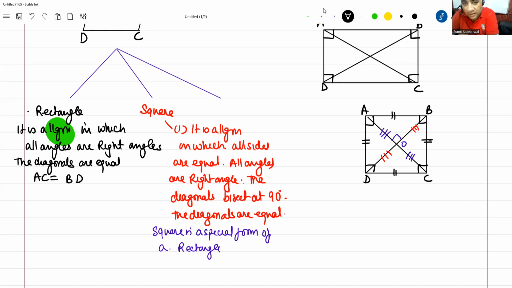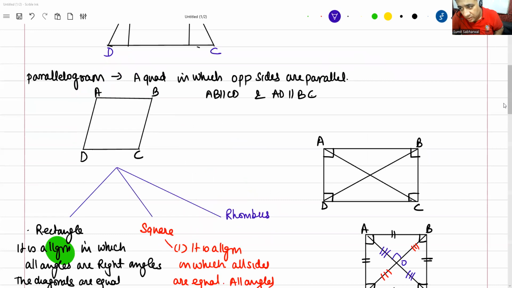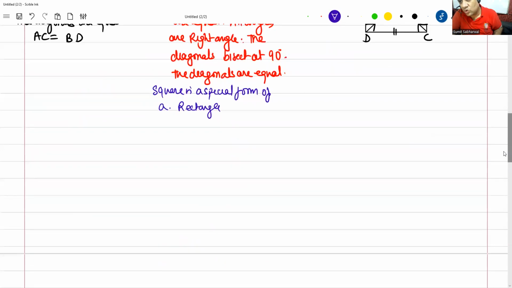Okay. Let's move ahead to the third form of a parallelogram, which is known as a rhombus. Now, what is a rhombus? You must have done it in your previous classes as well. A rhombus is also defined as a parallelogram. It's somewhat like this. Okay.